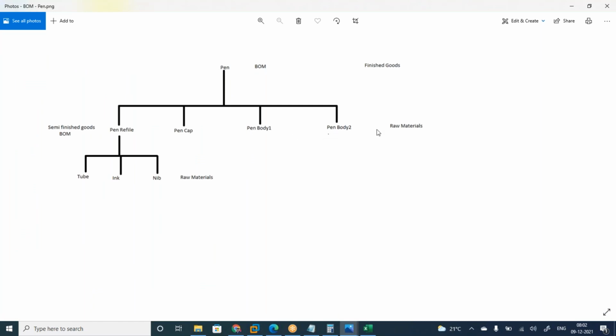Another cost is indirect cost, maybe switches, electricity, machinery consumption, human effort. Everything will be mapped in this process and updated to the pen cost. That is a different process altogether.